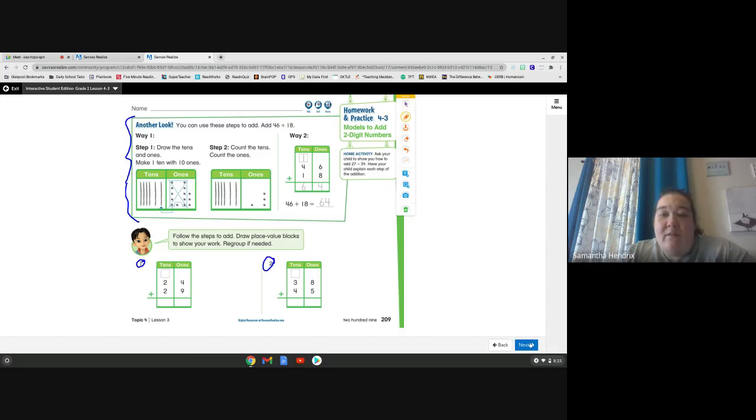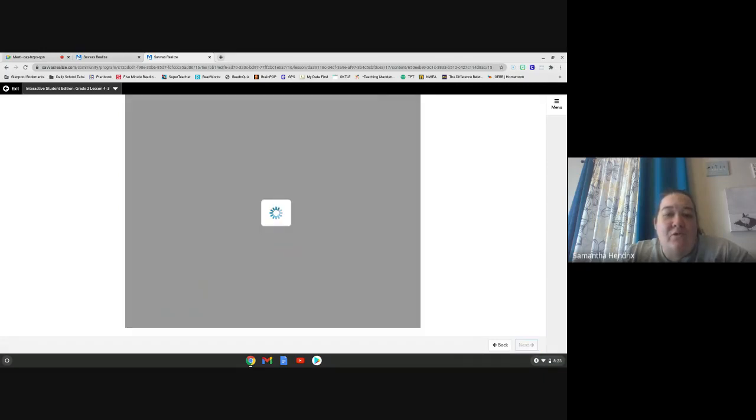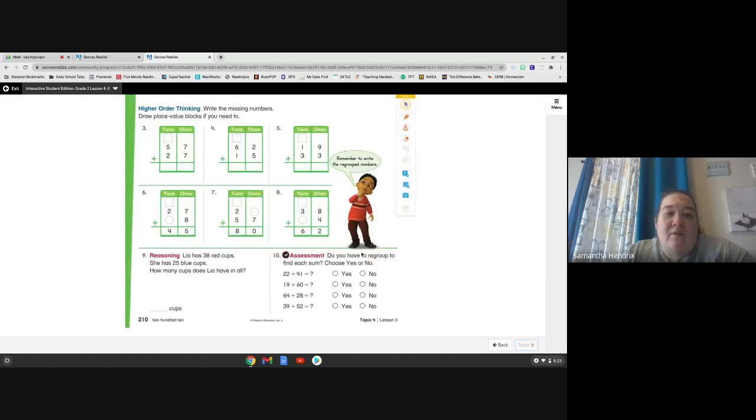This is the homework. Number 1 and number 2, take a picture. This says draw place value blocks if you need to on a sheet of paper. You don't have to. You should know these.